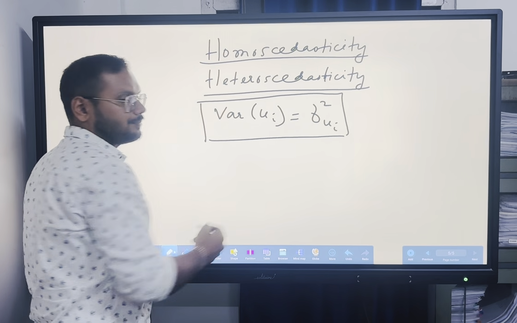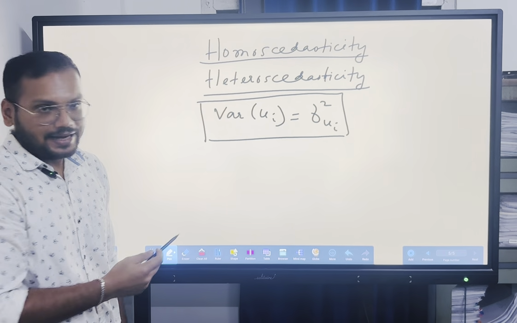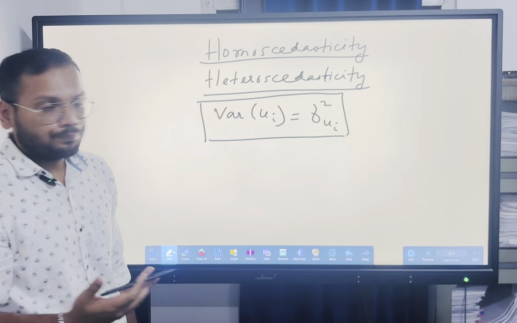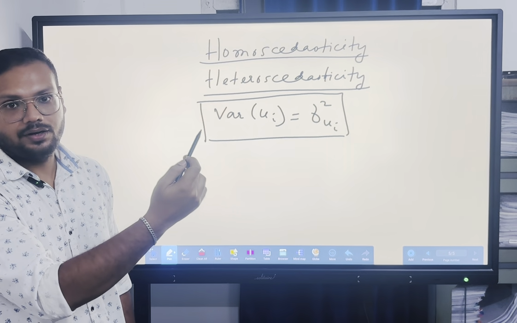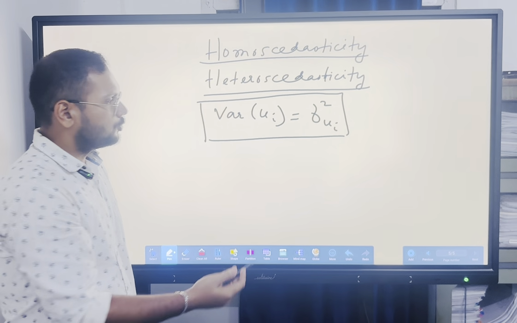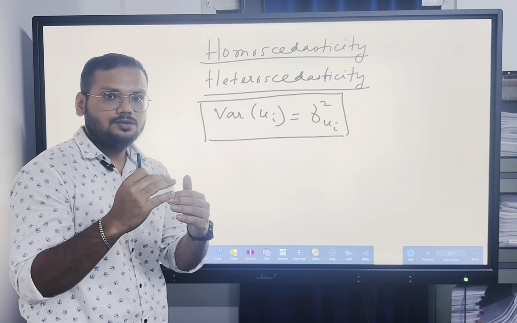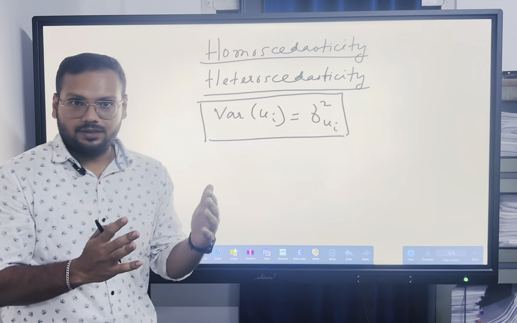Do you remember this? So this assumption states that in a linear regression model, the various error terms that you come across should have a constant variance across different time periods.